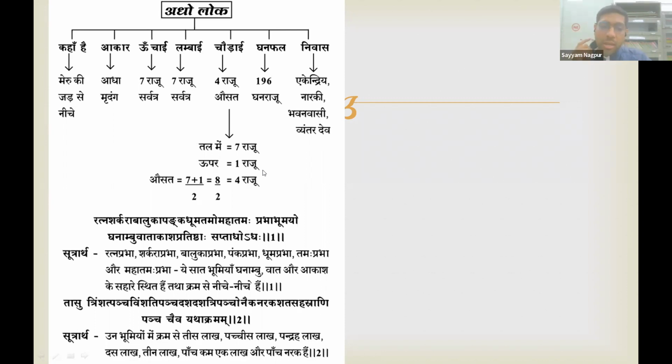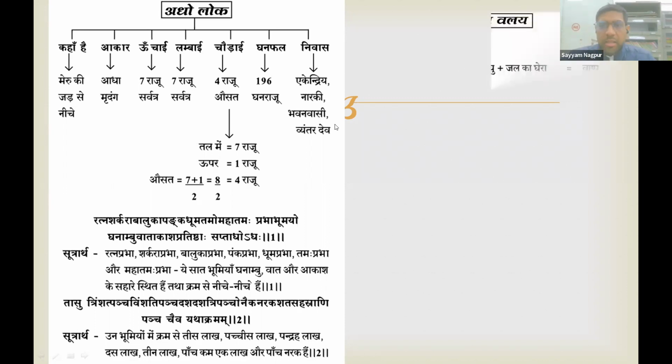Sixth land has 5 less than 1 lakh. That means 99,995 narkas, and the last land has 5 narkas. So this is how lands and their respective homes of narki jeeves are explained in this second sutra. Great. Should we move on?